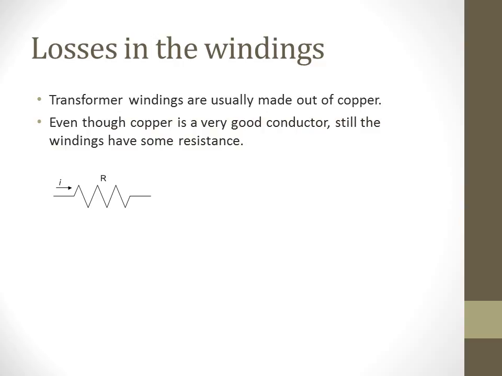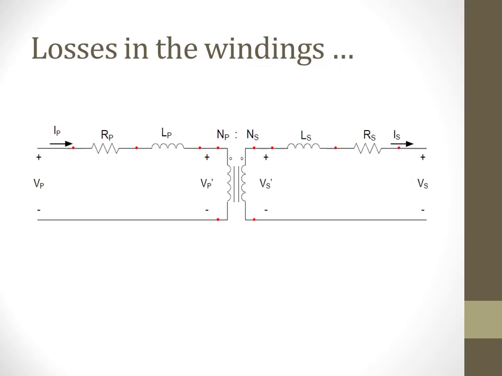These resistances can be represented by series resistances on both sides of the transformer. The primary side resistance is represented by Rp and the secondary side resistance by Rs, as shown on the slide.